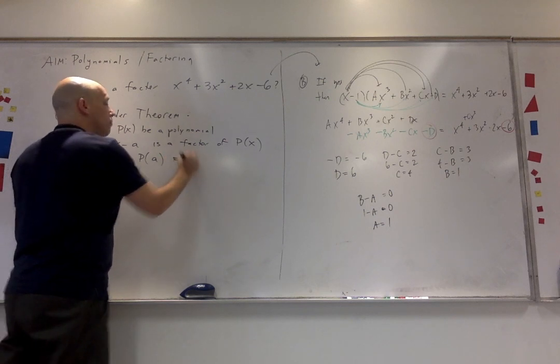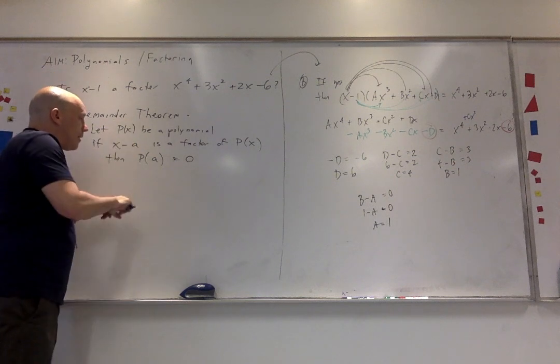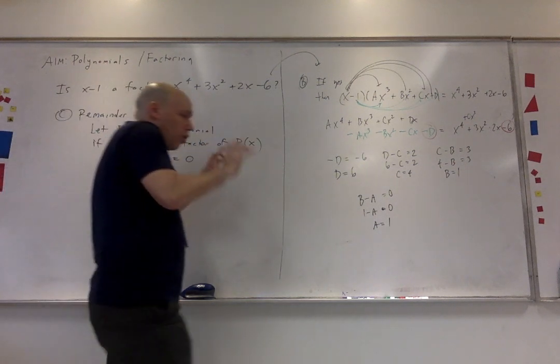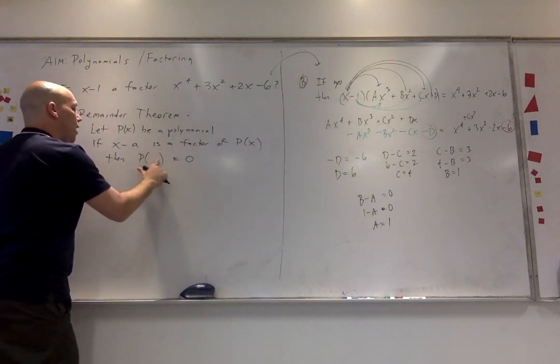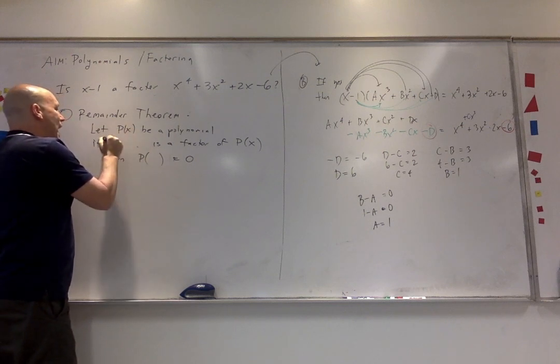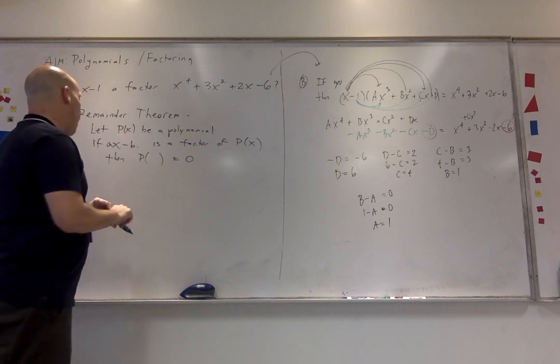then, this is kind of cool, p of a equals 0. What they're saying is take the factor, but let's go all out. Let's change the factor to ax minus b, right?